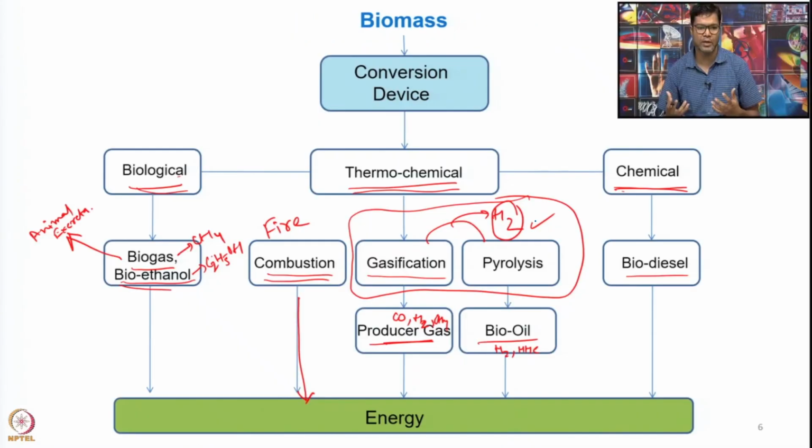and how the biomass is converted, we will see. This is very important, just listen carefully. There are three types of process. One is the biological process, one is the thermochemical process, and the third one is the chemical process.